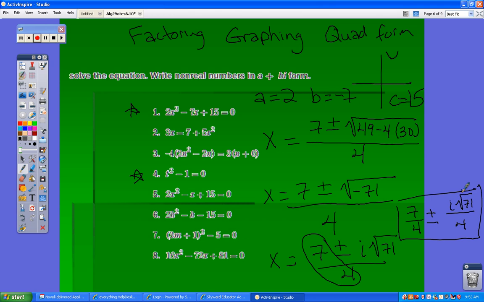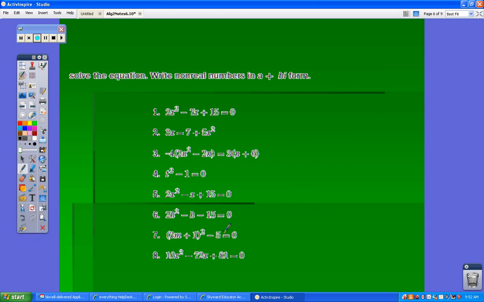Okay, let's look at one of these that is a little messy. How about 7? Okay, 0's on one side. I'm going to look at the graph first to see if I can find the solutions by looking at the graph. 3x plus 1, I put minus, squared, minus 5.